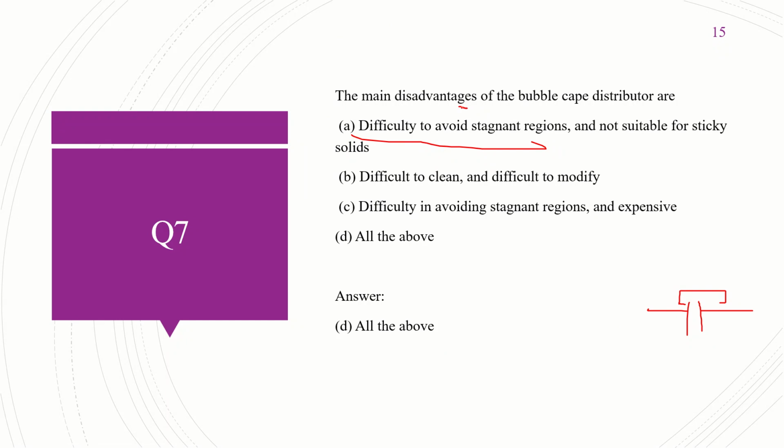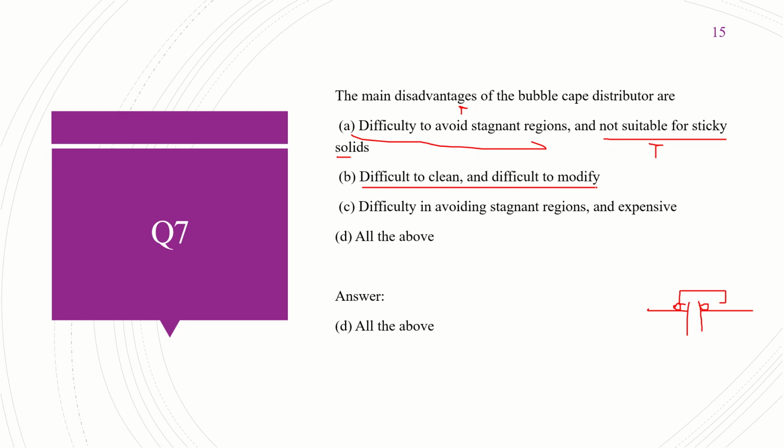This is true. And again, not suitable for sticky solids. Think about what happens if the sticky solids get stuck over here, there, and all. So it becomes difficult to handle them. So not suitable for sticky solids is again true.